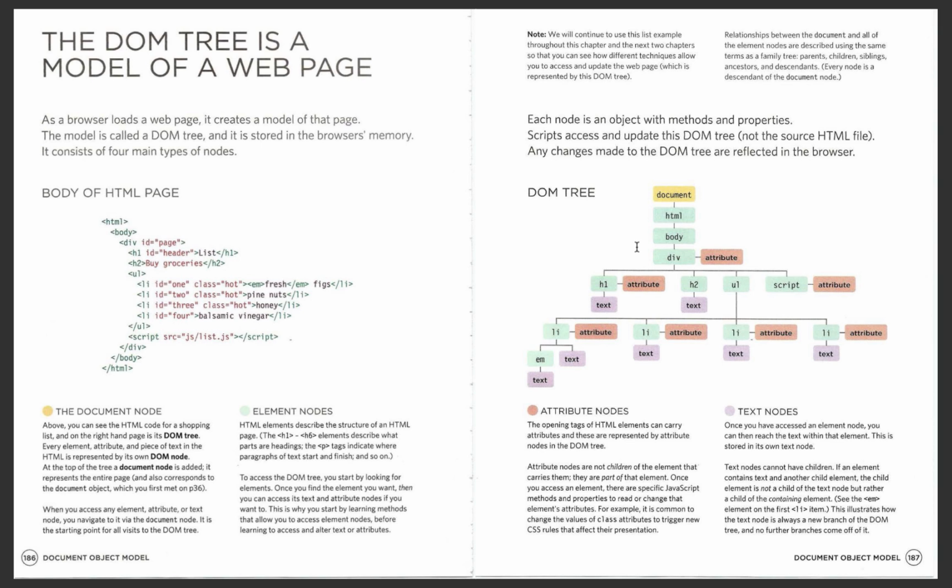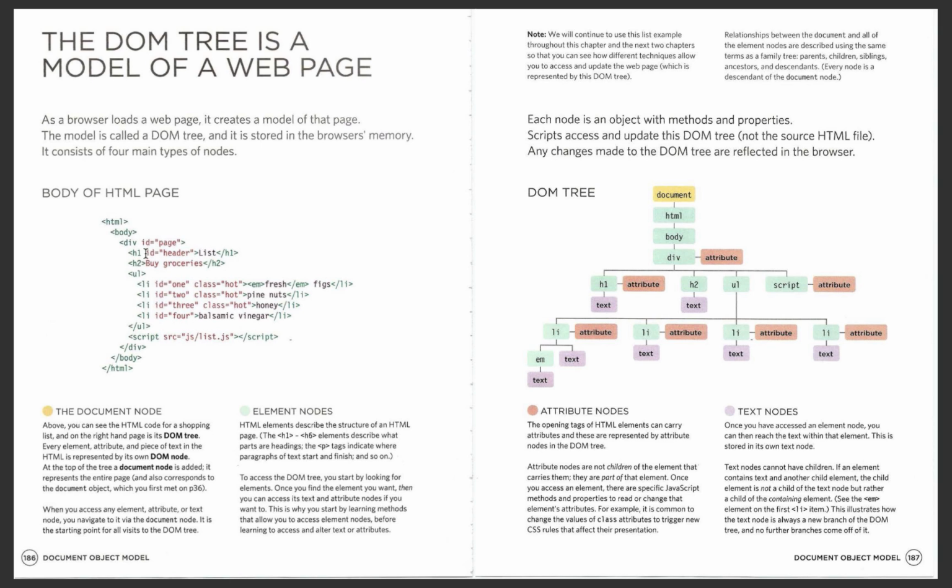So on the left hand side we see a simple HTML page. It's just the HTML tag that everything has to have, and then the body tag, and then the first thing inside of the body tag is a div that contains everything, and it has an ID of page.